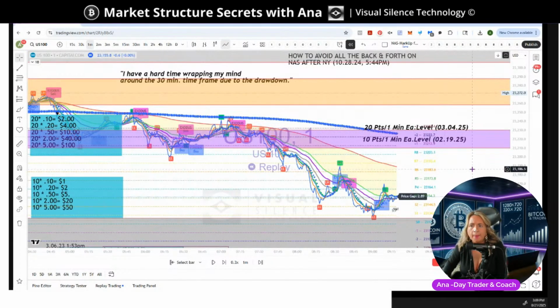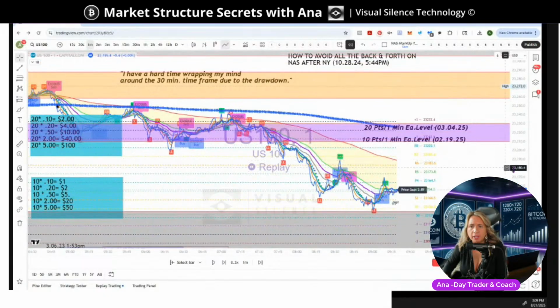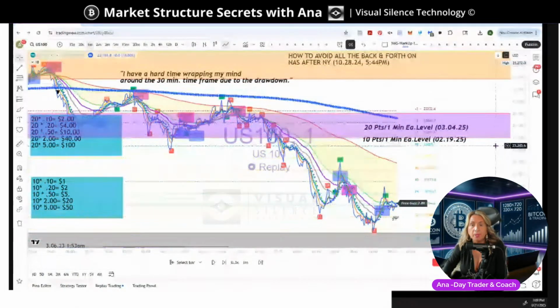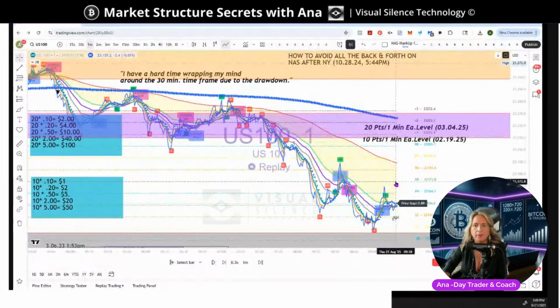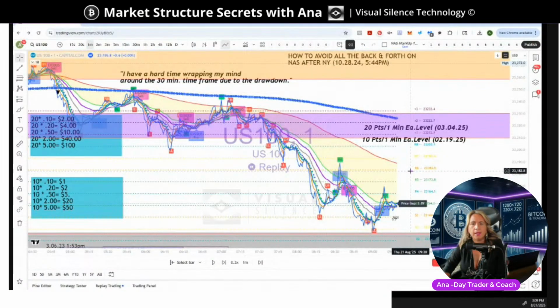So when I trade, and you should do the same thing too, especially with this type of situation, if you're scalping and holding your trades maybe two pivot levels, like going from R5 to R6, you'll want to know. I have here, you'll see, on 2/19, 10 points on the 1 minute between each pivot level. And then on 3/4/2025 for NAS, it was 20 points between each level.